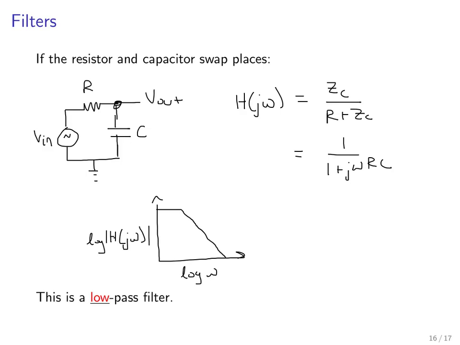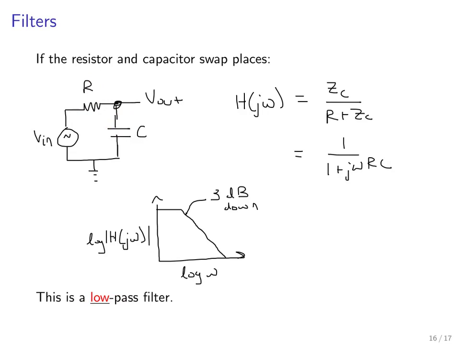Now we've got these three zones. Zone 2 again contains the corner frequency, right here is the 3 dB down point. And so this is a low-pass filter, and we've gotten a low-pass filter just by swapping the places of the resistor and the capacitor.